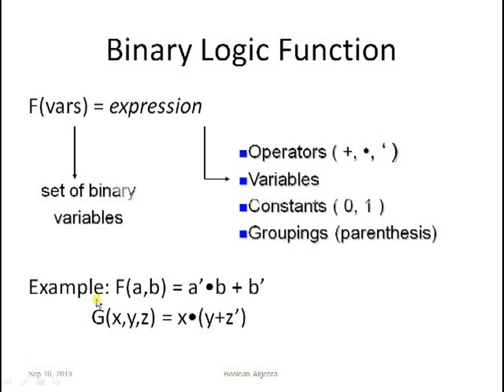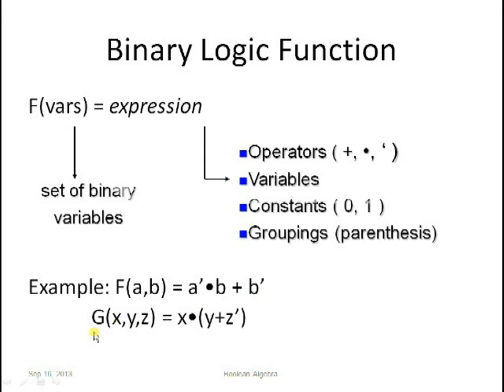Take an example here where a function f of a comma b equals a complement dot b plus b complement, where on the left hand side within the parentheses, a comma b are the binary input variables, and on the right hand side within the expression, a complement, b and b complement are the binary variables, and dot and plus are the operators, right?